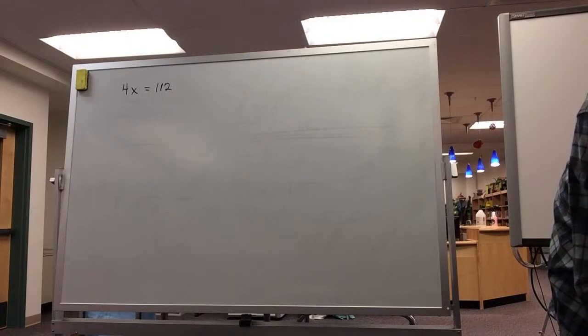Yeah, do it the way I'm teaching you. Otherwise, it'd be just like do it. You can either multiply by the reciprocal or you can divide by the coefficient. Either one.